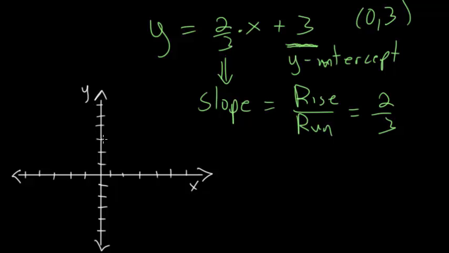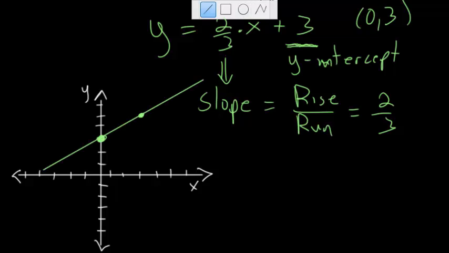So that is this point right here, 0 for x and 3 for y. And then our slope tells us our next point, we can go up 2 and then over 3. So we'll count up 2 points and then over 3 points, so that's right there. And with an equation of a line, you really only need 2 points and then you can connect them. So let's connect these 2 points. So that essentially will be the graph of this line.